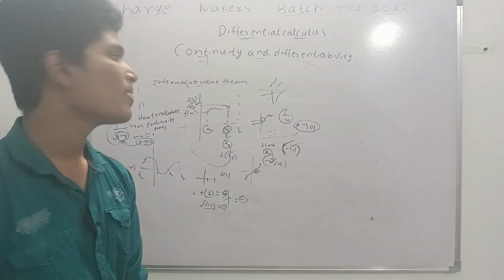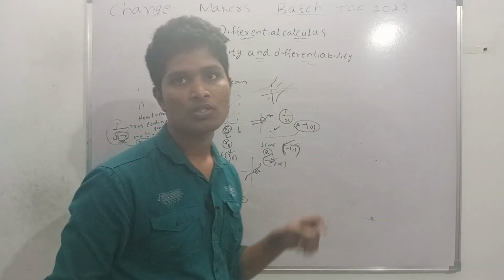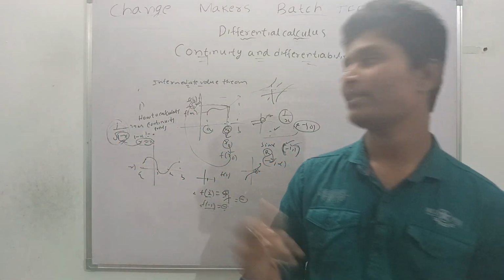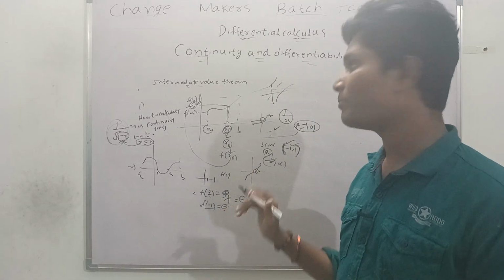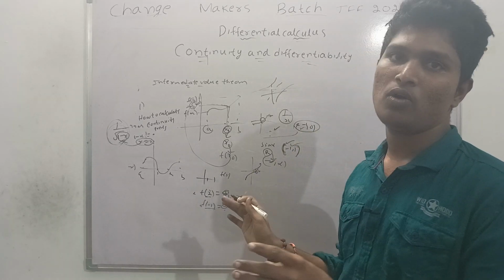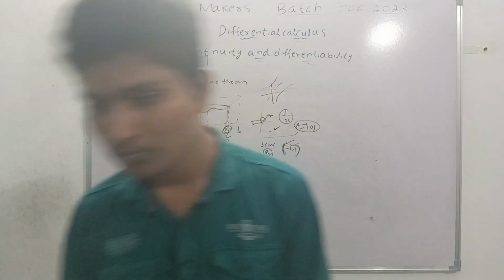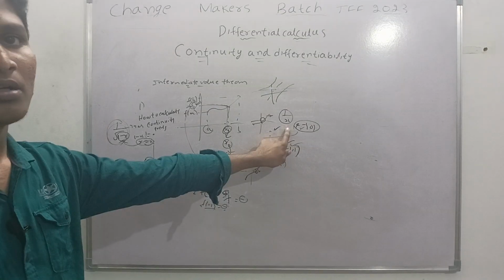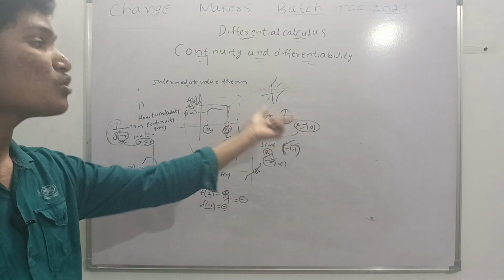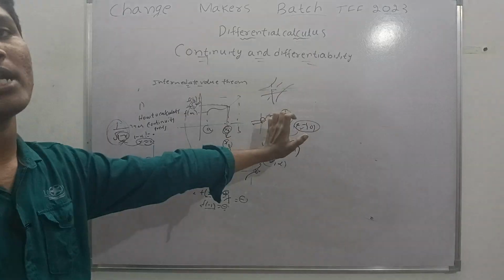R minus 0 is nothing but except 0, all the remaining points are included here. So that is the reason it is continuous everywhere except 0. Because 0 is not present in the domain, this function is always continuous.